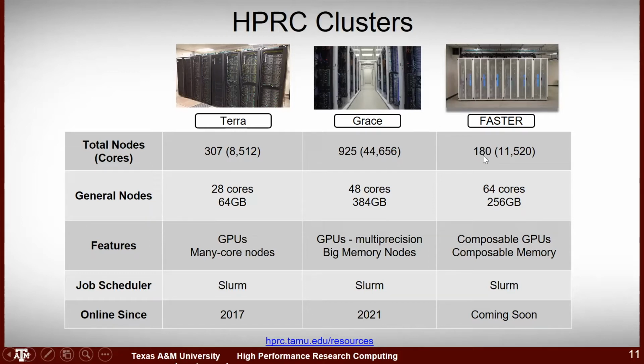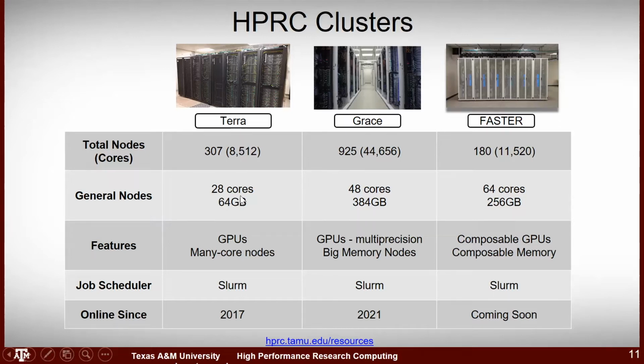And Faster doesn't have quite as many, only 180 nodes with 11,520 cores. The reason for Faster being more powerful than Grace is not because it has more, but because what it has is individually faster. And also it can do some neat tricks.